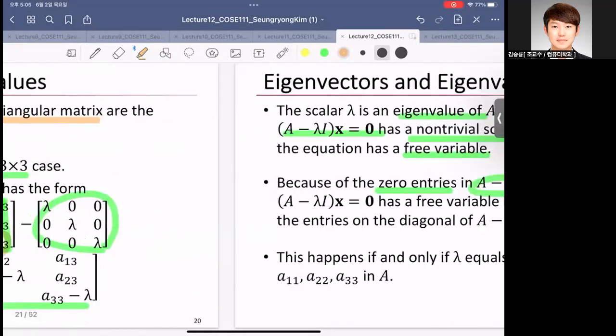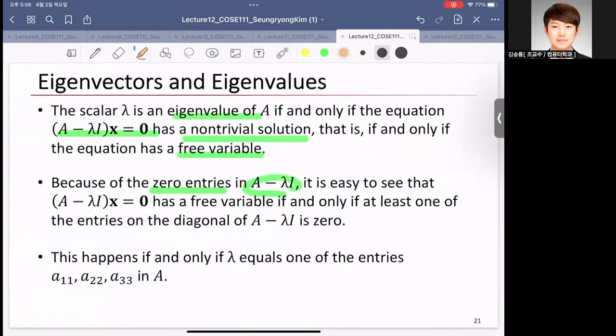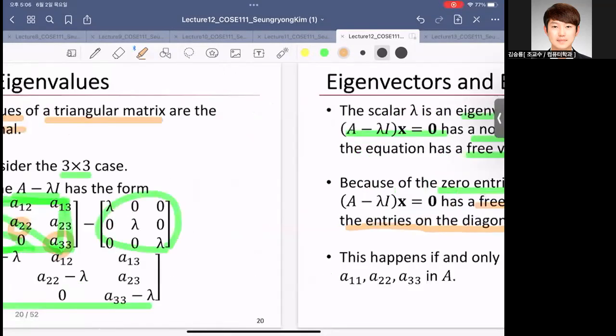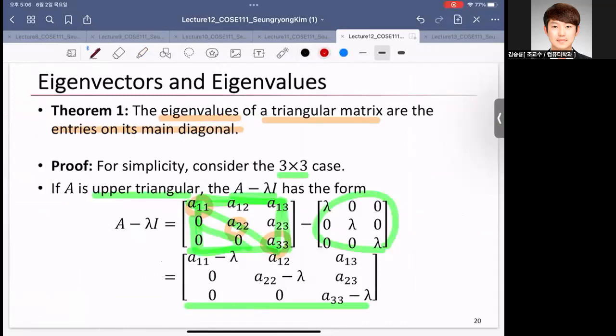So it is easy to see that this equation has a free variable if and only if at least one of the entries on the diagonal of A minus lambda I is 0. If this one is equal to 0, or this one is equal to 0, or this one is equal to 0, then the matrix equation has a free variable, so it has a non-trivial solution.